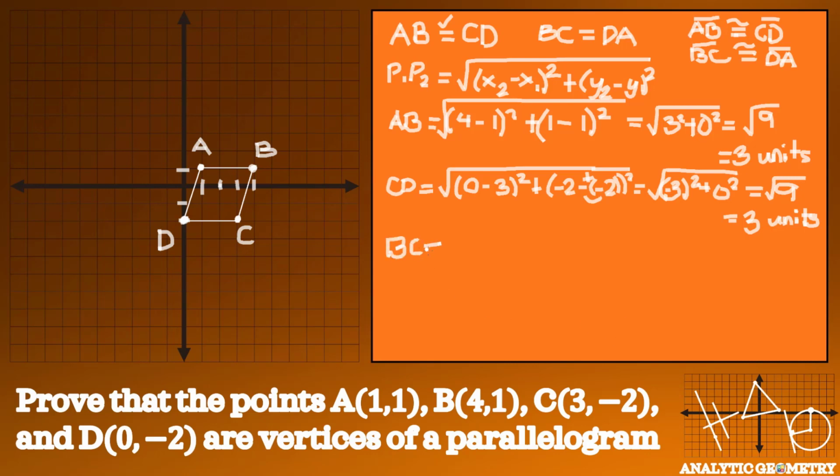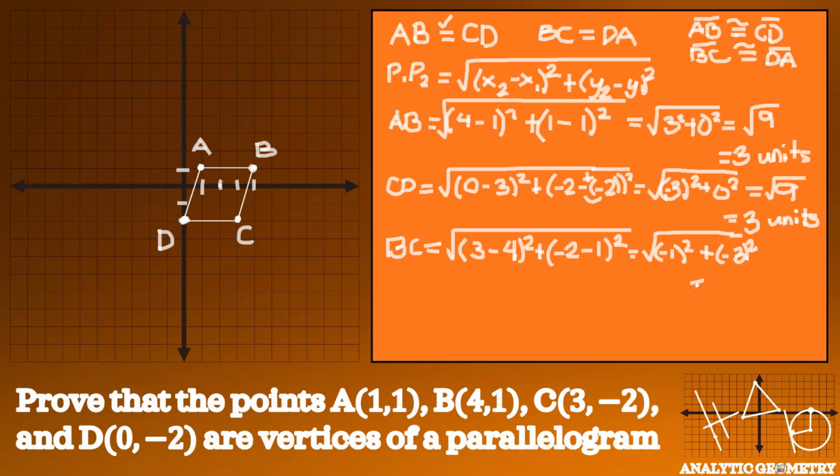BC. So let's pick C as our second point. C has points 3 and negative 2. So x sub 2 is 3, and B is 4, so minus 4, and then you square that. Plus, our y sub 2 for C is negative 2, and y sub 1 is 1, you square that. That's the square of negative 1 and the square of negative 3.